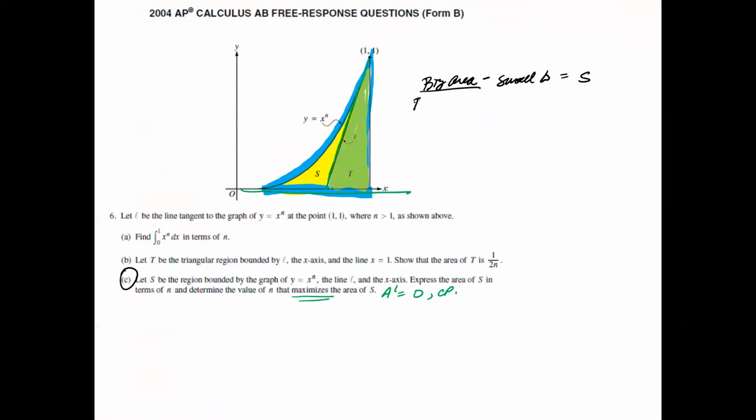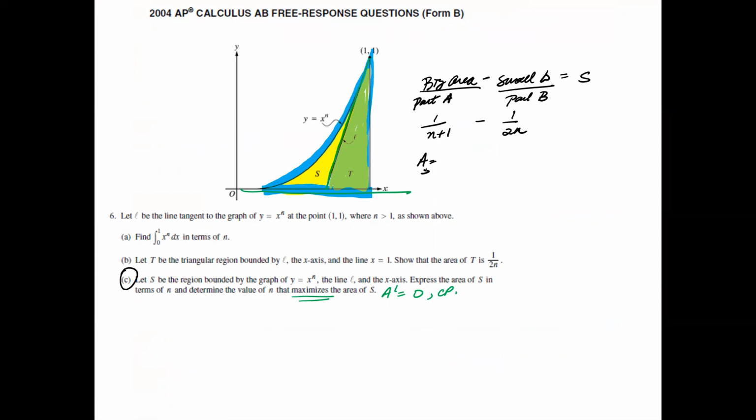So this was from part A, and this is from part B. Part A, the area of the entire region, was 1 over n plus 1. Part B, you found the area of the triangle, which is 1 over 2n.